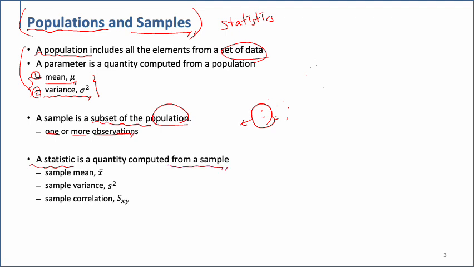In this case, we don't compute from the population, but instead we calculate from a sample of observations. The quantity can be represented as a sample mean, sample variance, or sample correlation. You should see the difference between the mean, variance, and the sample mean and sample variance.